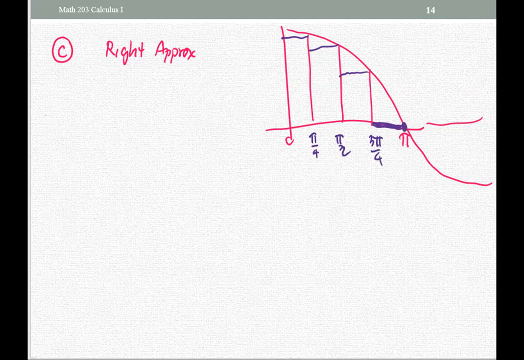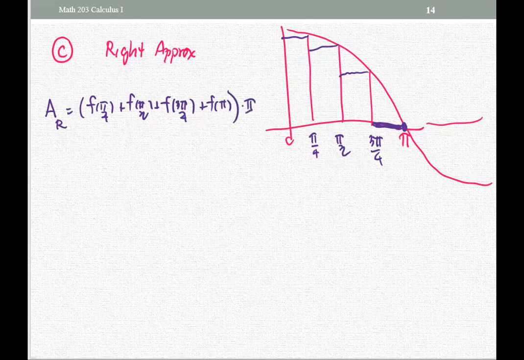Now the area using the right endpoints is the sum of the function at pi over 4, the function at pi over 2, plus the function at 3 pi over 4, plus the function at pi, multiplied by pi over 4, which is the width, or the delta x.